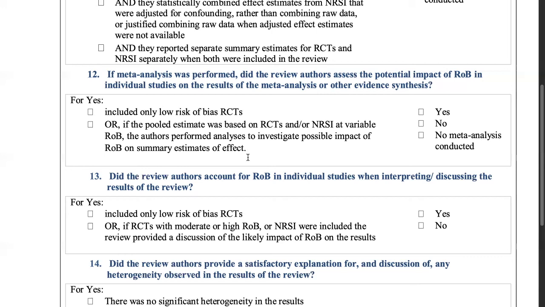Usually high risk of bias studies overestimate the effect of the intervention. When you do this sensitivity analysis, we are trying to understand if those high risk of bias studies are actually overestimating the effect of the intervention or not. So if it's done, and the authors mention that, it's yes.